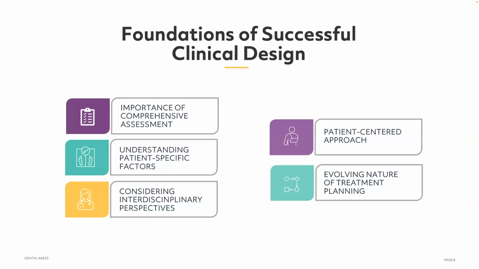This is very important because we need to work with a team, because we are working with a human who does not only need the teeth to move. So we need to work with a periodontal team, an orthodontic team, an aesthetic team, working with all the team together to bring the best results to our patient and achieve the goals.